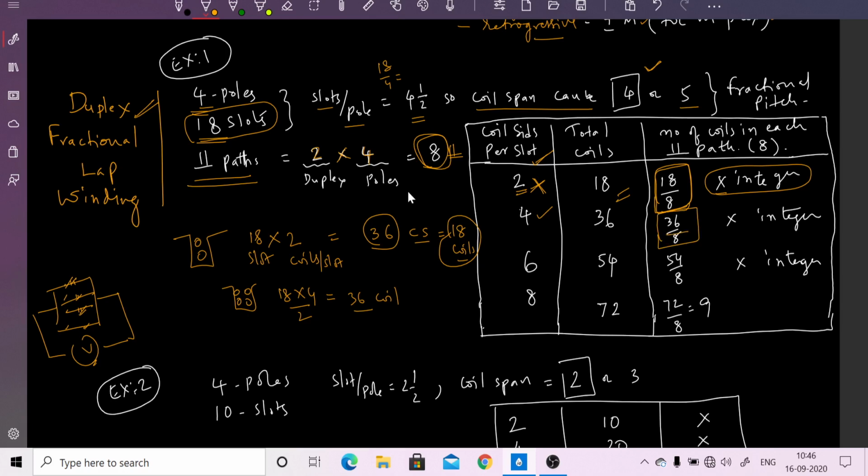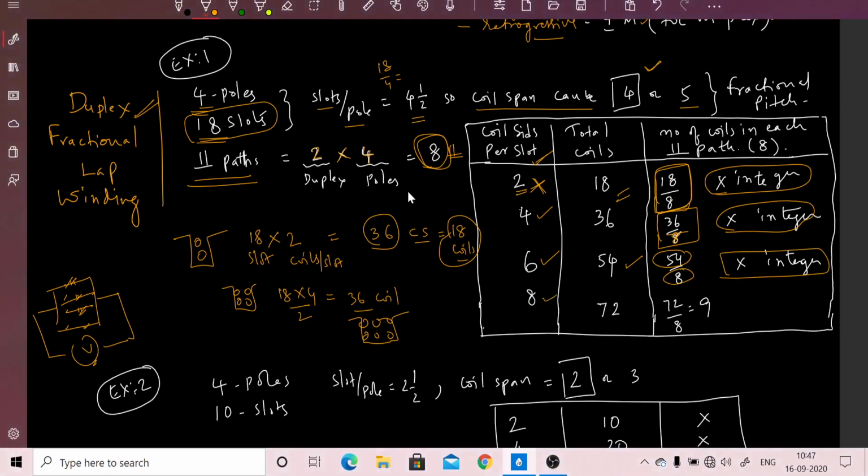So 36 coils cannot be equally divided among 8 parallel paths, because 36 by 8 is not an integer value. Right? Similarly, for 6 coil sides also, the total number of coils on the machine will be 54, and 54 coils cannot again be divided equally onto 8 parallel paths. So this is also not possible.